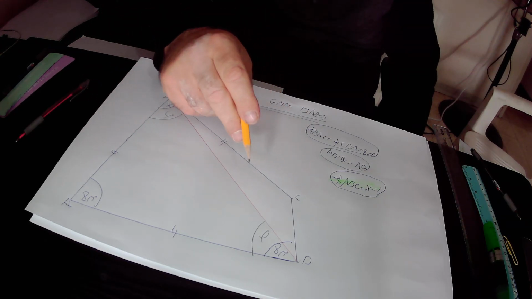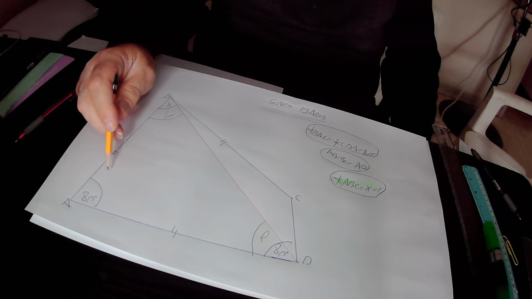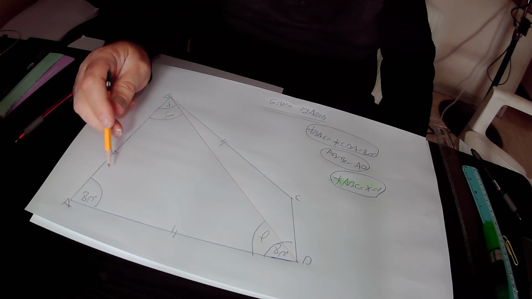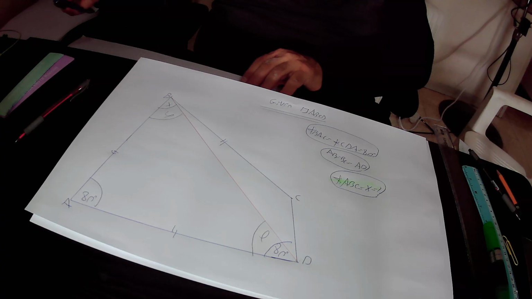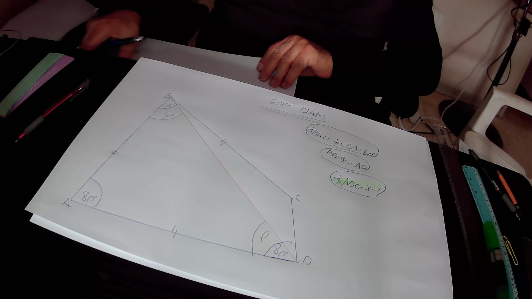alpha plus alpha, that is 2 alpha, plus 80 degrees, in total, the sum of the angles must be equal to 180 degrees according to the rule that I mentioned.